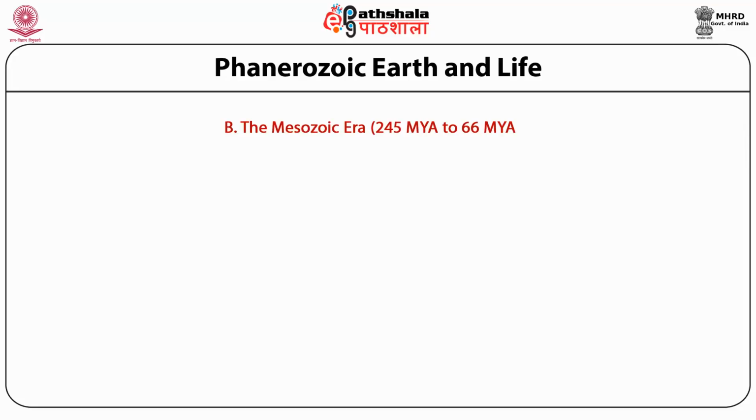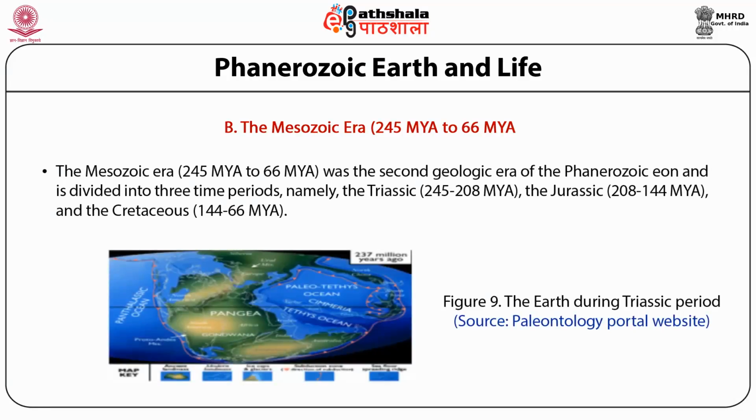Let's discuss the Mesozoic era. The Mesozoic era was the second geological era of the Phanerozoic Eon. The Mesozoic era continued from about 245 million years ago to 66 million years ago. Mesozoic rocks contain a variety of valuable mineral resources, including coal, petroleum, uranium, gold, and copper.